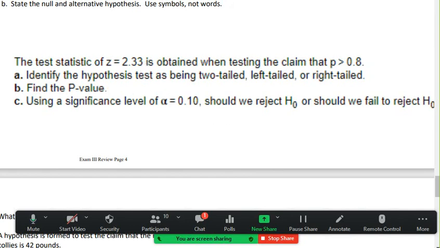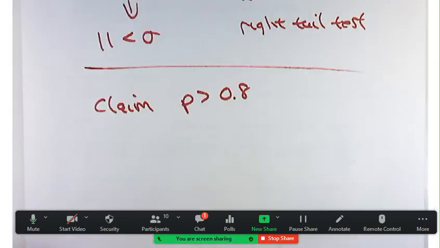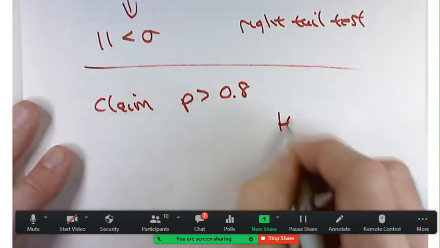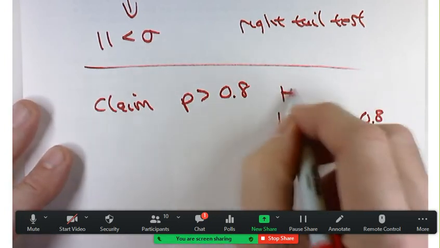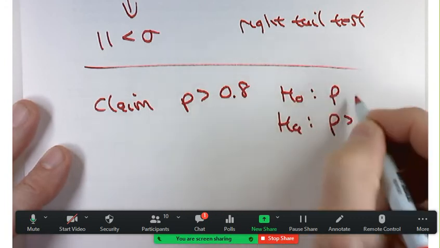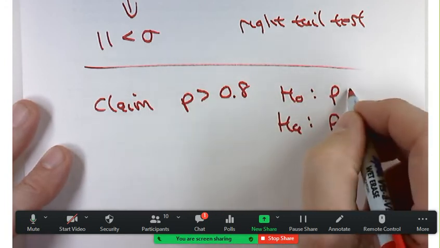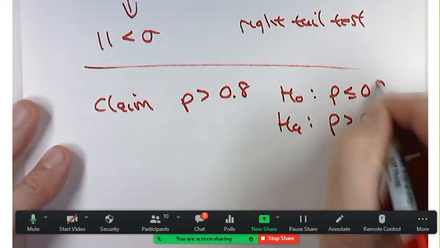Now that claim is going to be part of our alternative hypothesis, so let's put that in HA: p is greater than 0.8. That means H0 is p is less than or equal to 0.8.